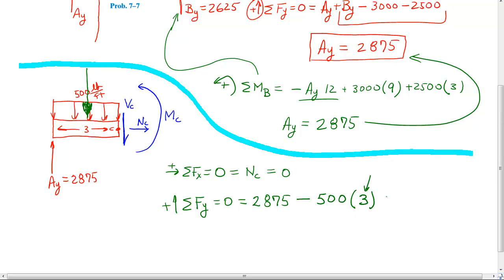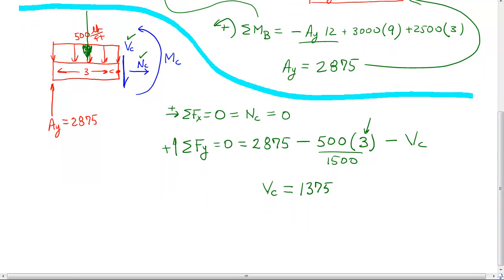Then I have a minus, because this is going in the same direction, going down here, VC. This thing amounts to 1,500. So I get a VC of 1,375 pounds. So I've determined this one and I've determined that one.